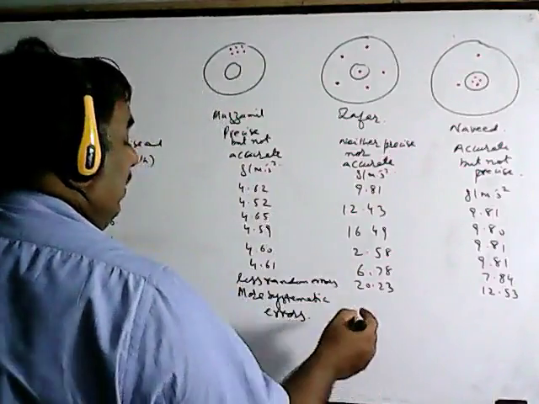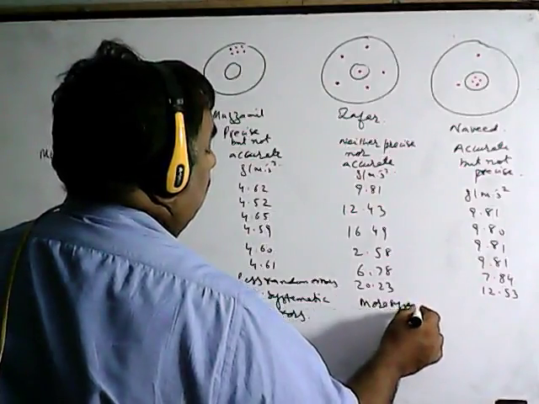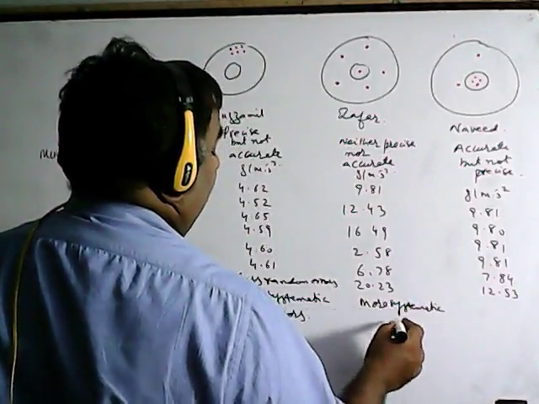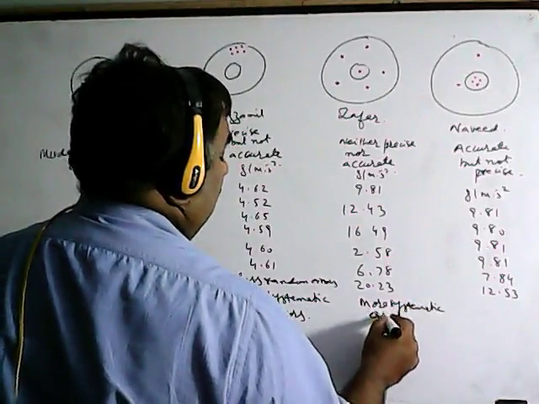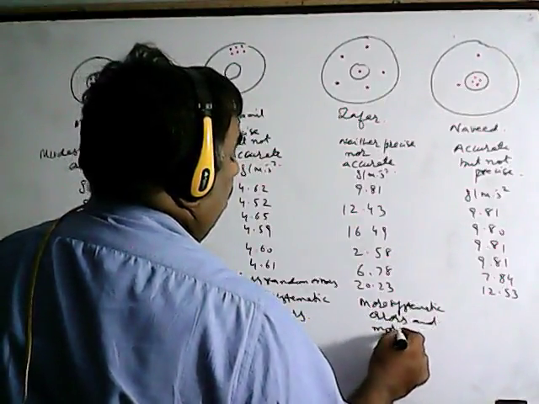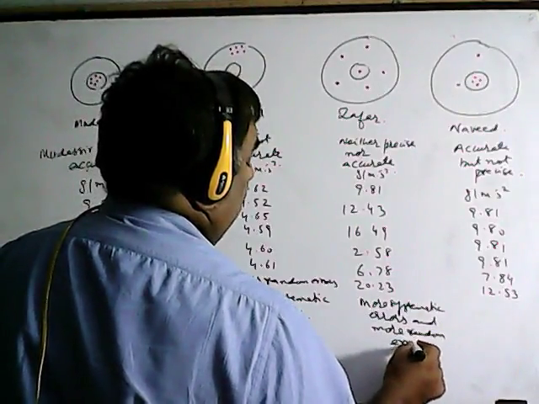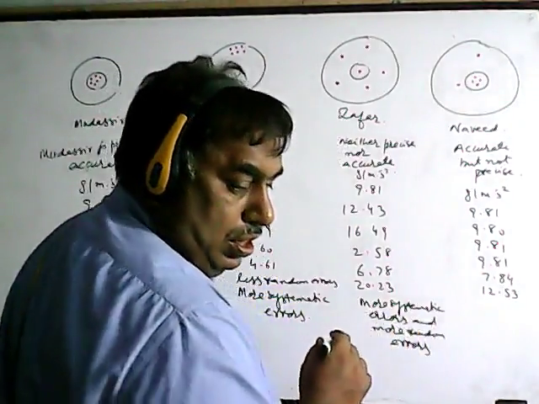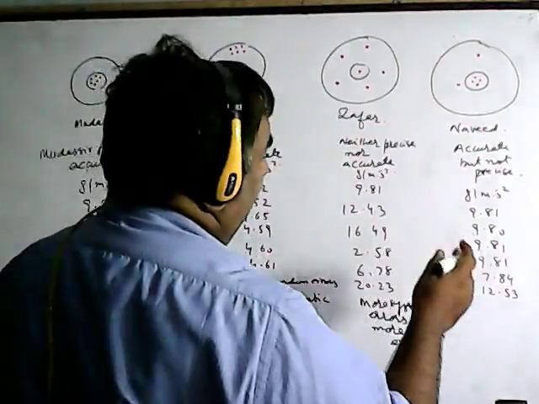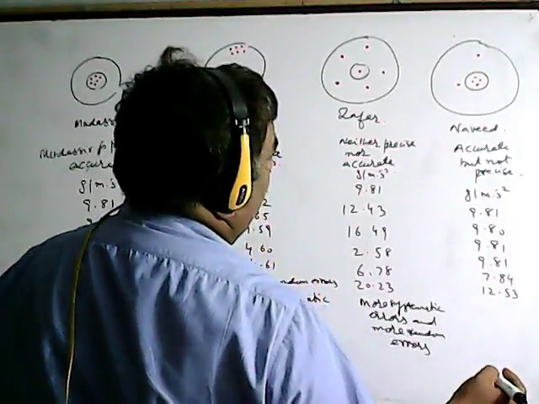Then Zafar, he may have more systematic errors. You cannot judge from this. More systematic errors, and he may have more random errors also. Then Naveed, he's accurate but not precise.